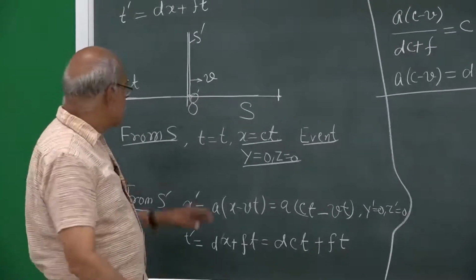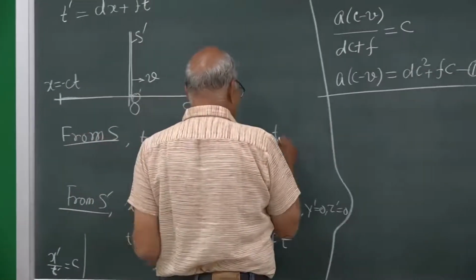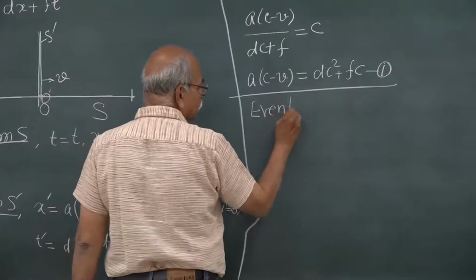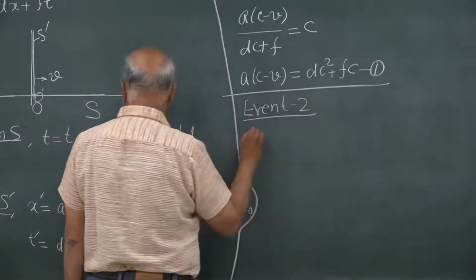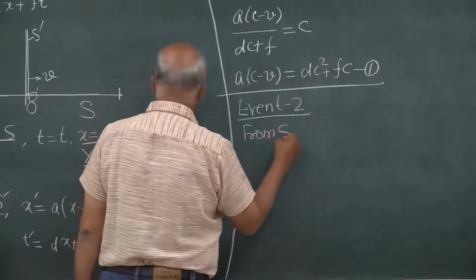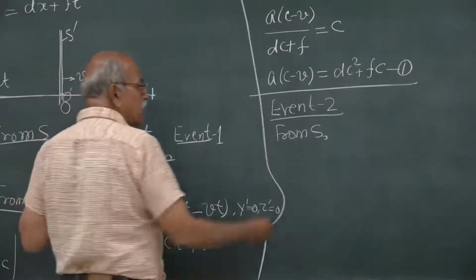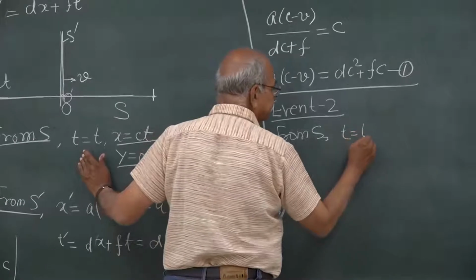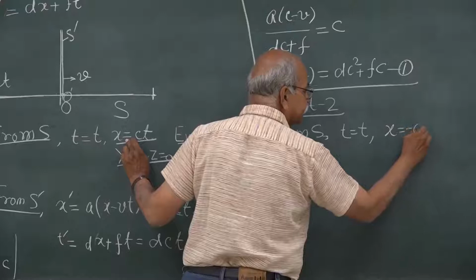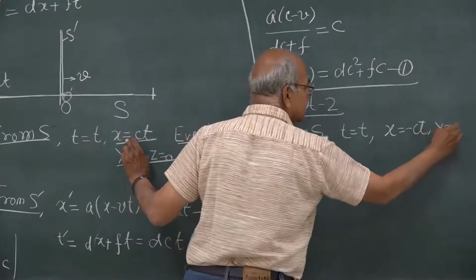Okay. So, let us write that event 2, this is event 1, let us write event 2, and from S, first let me write it from S. From S, time is t and x is minus Ct, and y is 0 and z is 0.